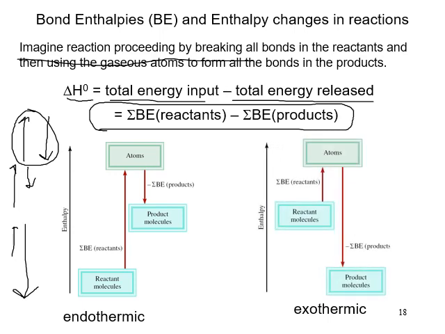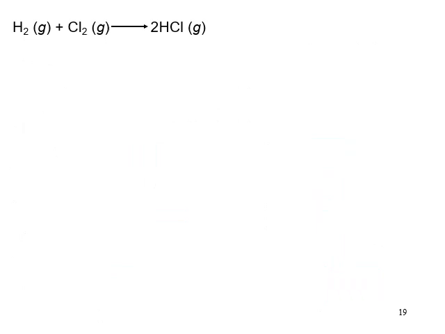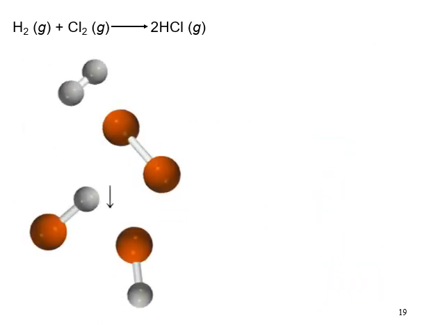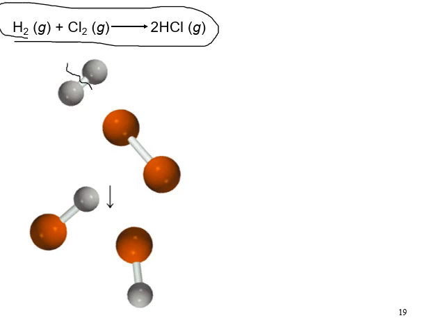And that's what this picture is showing you, just as my arrows were over here. This looks like you put in more than you got out, endothermic. You got out more than you put in, exothermic. So here's an example, just like that. It looks like I was drawing that same reaction on a couple slides ago. This is showing that this hydrogen bond has to be broken, this chlorine bond has to be broken, and hydrogen chloride bonds, or HCl bonds, have to be made.